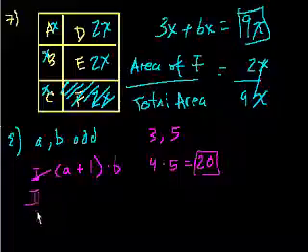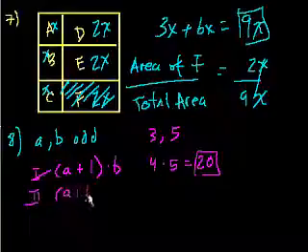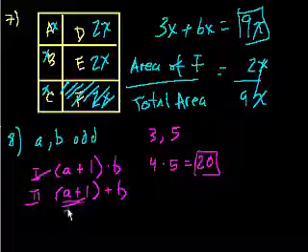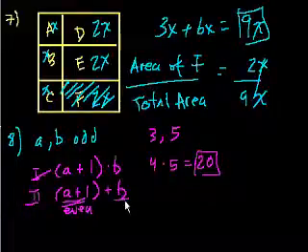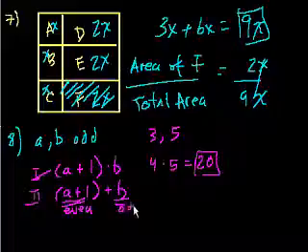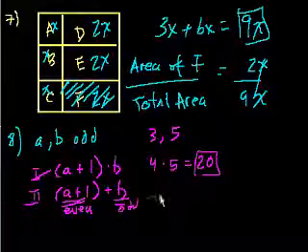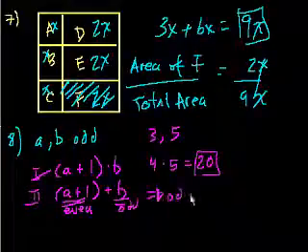Choice 2. A plus 1 plus B. So we figured out that A plus 1 is going to be even. And we know that B is odd. And you could try this out, but if you take an even number and add an odd number to it, you're going to get an odd number.